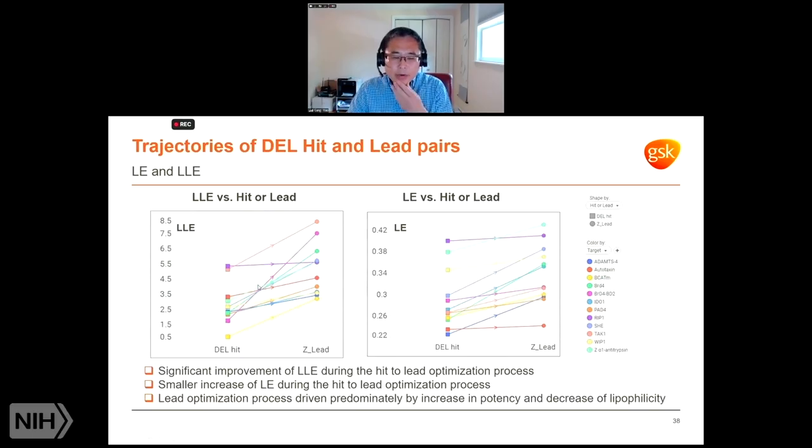And again, this is a very clear trend: during the hit to lead process, you see LLE improvement, and also sometimes accompanied by improvement in ligand efficiency.